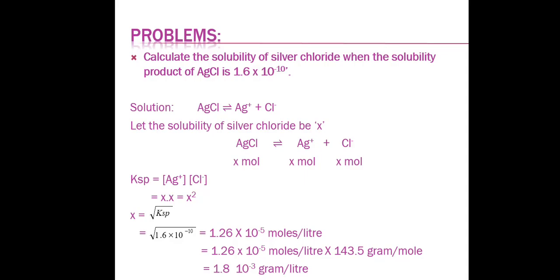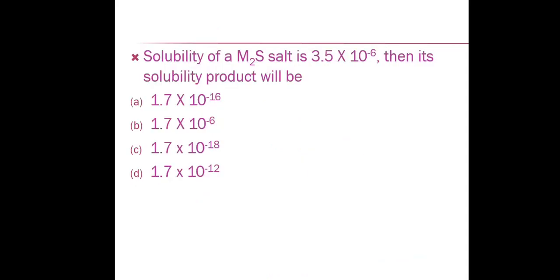You can clearly see one is mole per liter, another is gram per mole. So as a result, the unit you get is gram per liter. So that is how you convert moles per liter to gram per liter. That is one of the problems in solubility product. Let us try to see a few more problems.